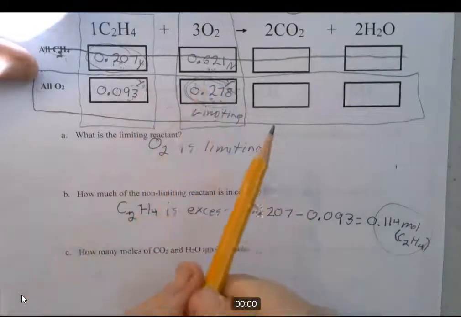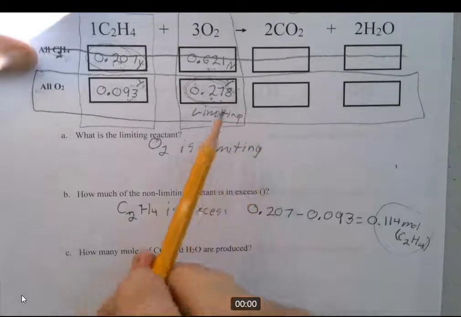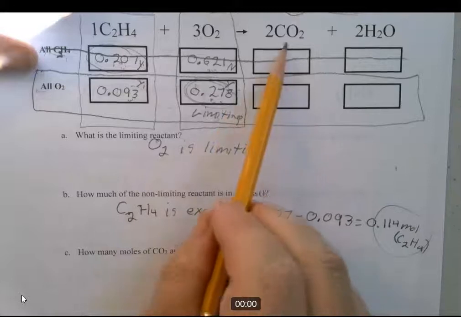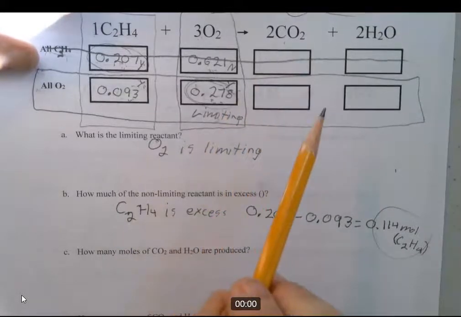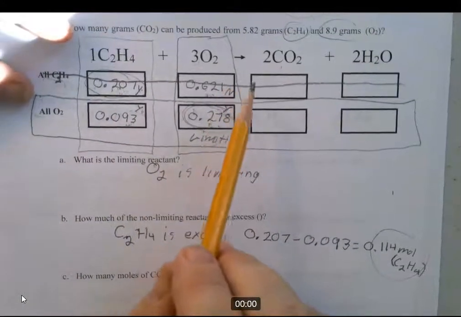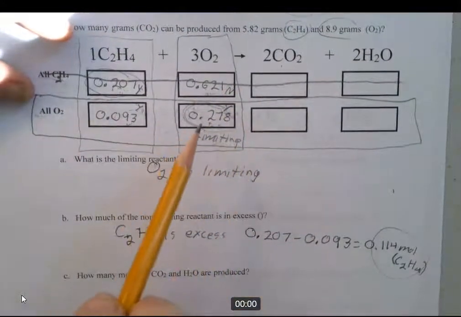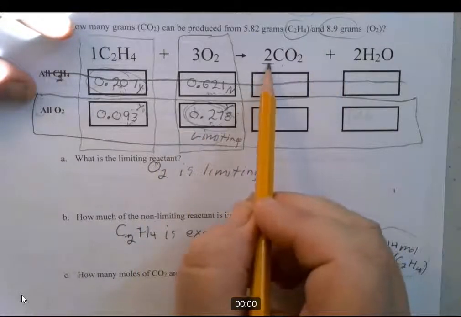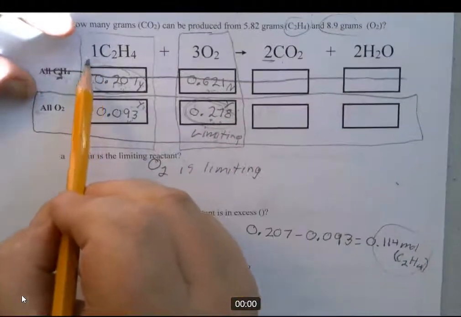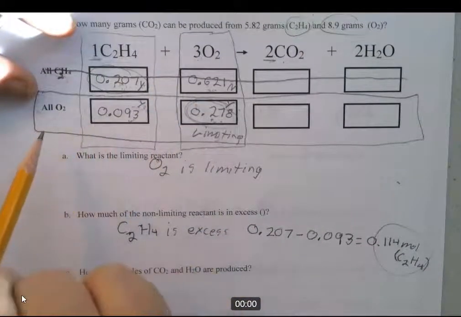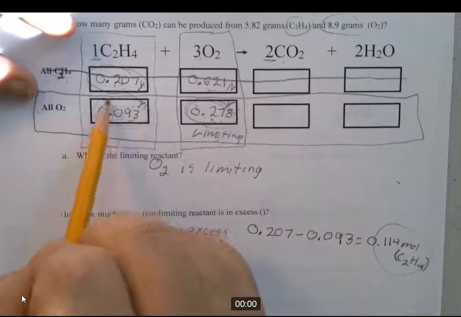All right, so we're going to figure out how many moles of CO2 we have. Well, there's not a nice 1-to-1, 2-to-2 like there was in the last problem, but there are still easy enough relationships. You know you're going to end up with 2 moles of CO2 for every 1 mole of C2H4 that you combusted. How many moles of C2H4 did you combust? This number.